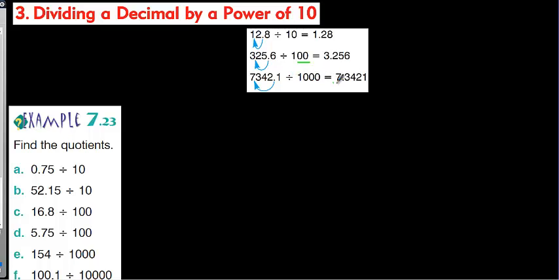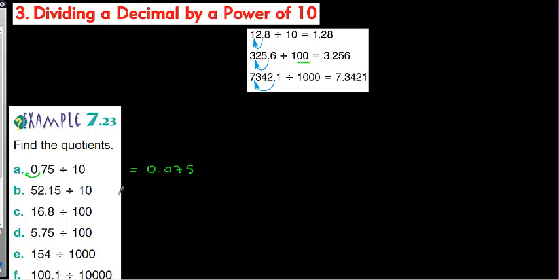Here when you divide by 1000, there are 3 zeros. It means that your number is going to go 3 decimal units to the left. So if it is 0.75 divided by 10, I'm going to write 0.75, but one more unit goes left, so it becomes 0.075.